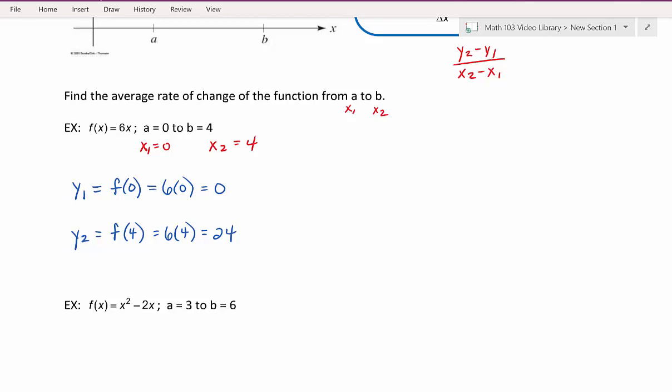You may feel more comfortable by actually writing two ordered pairs, x1 comma y1 and x2 comma y2, and now we're just back to finding the slope of two given points. Rather than writing m, though, I am going to write average rate of change. Calling it slope is not correct since it's not necessarily a line.